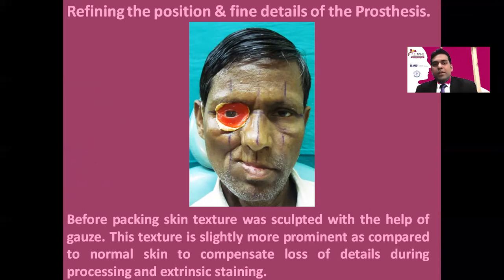So you have to maintain these details in a prominent fashion, so that even though there is loss of certain details, a few details will be visible after the final processing.